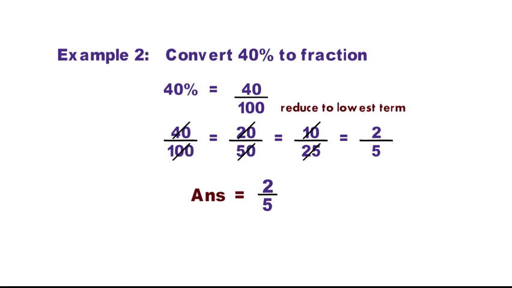Next, let's solve another example to help you understand it better. Example 3. Convert 62.5% to a fraction. Just like we solved in the second example, to convert a percentage to a fraction, we need to divide the number that is written in percent by 100.